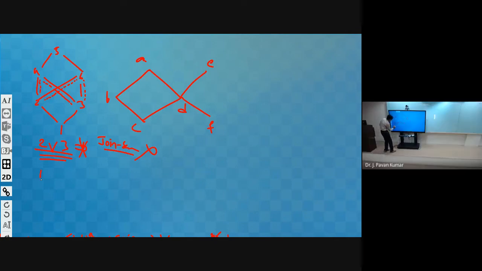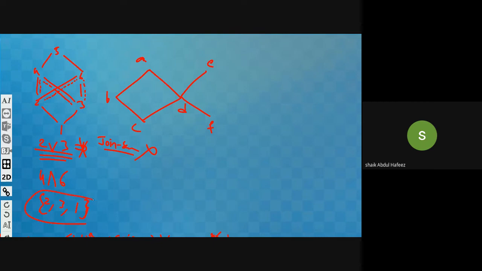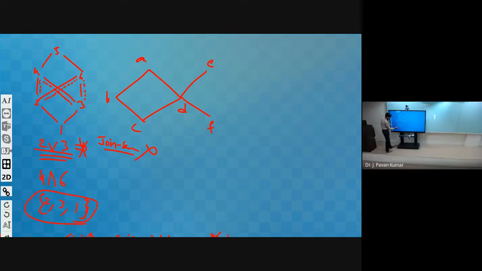4, 6. What is 4 meet 6? The lower bounds for 4 and 6 include 2, 3, 1. Out of these, the maximum element is? Not there, sir. 4 meet 6 should give the greatest lower bound.